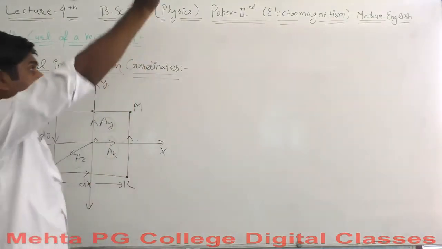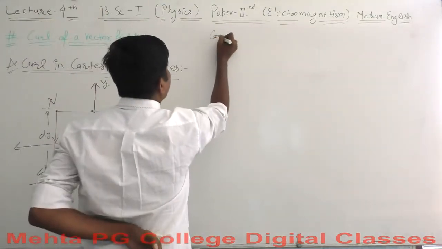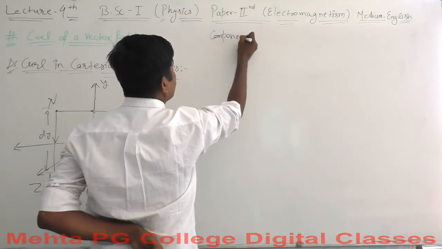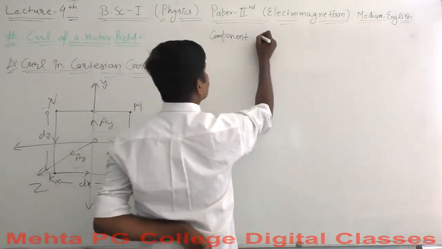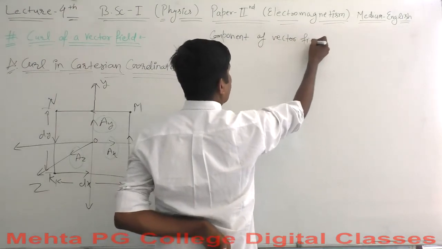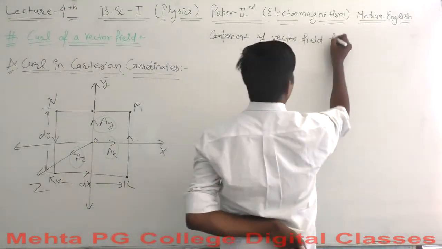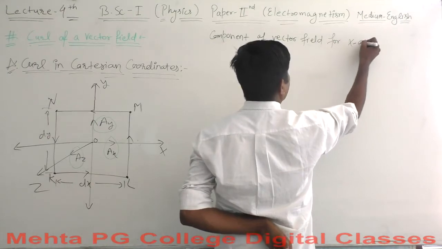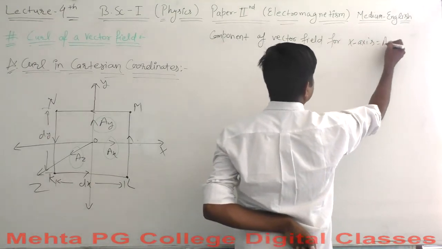Let's say the component of the vector field for the x-axis is equal to Ax.